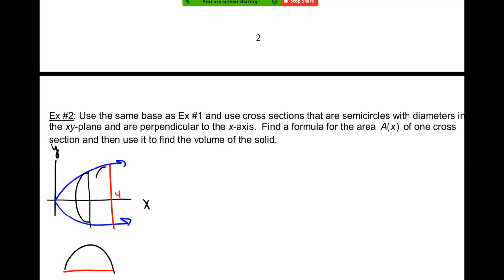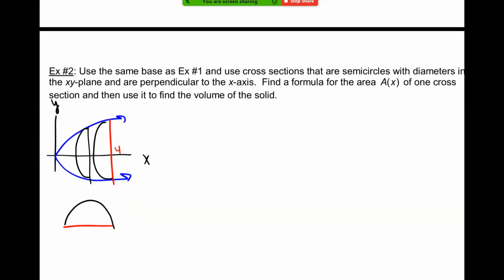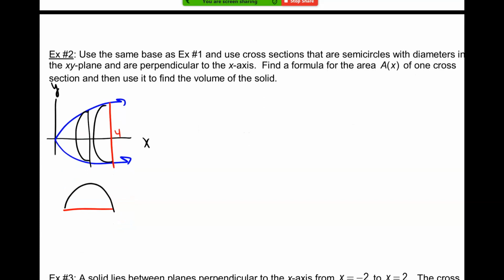So if you can imagine it coming out at you, it's almost like a megaphone, except chopped in half. It's like a semicircle looking megaphone, so it looks something like this, where these are semicircles. Yeah, okay. I'm not an artist, never claimed to be. This is why it's so hard, because visualizing what the problem wants, that's hard.